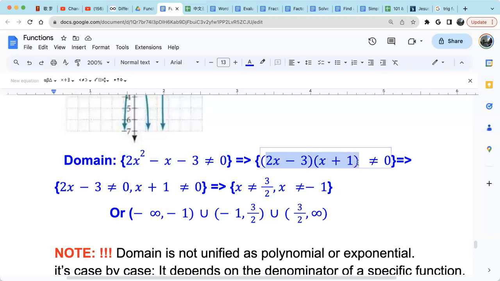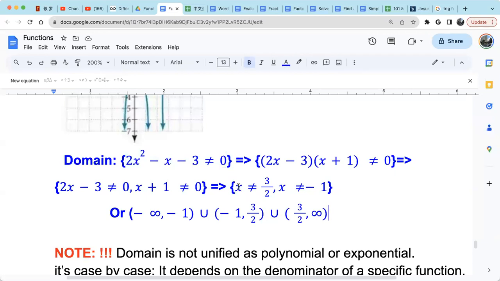So we factor it into factor form. Then 2 factors multiply to be 0, that means each one can be 0. That's the zero product property. So 2x minus 3 is not 0, that means x cannot be 3 over 2. And x plus 1 is not 0, that means x cannot be -1.